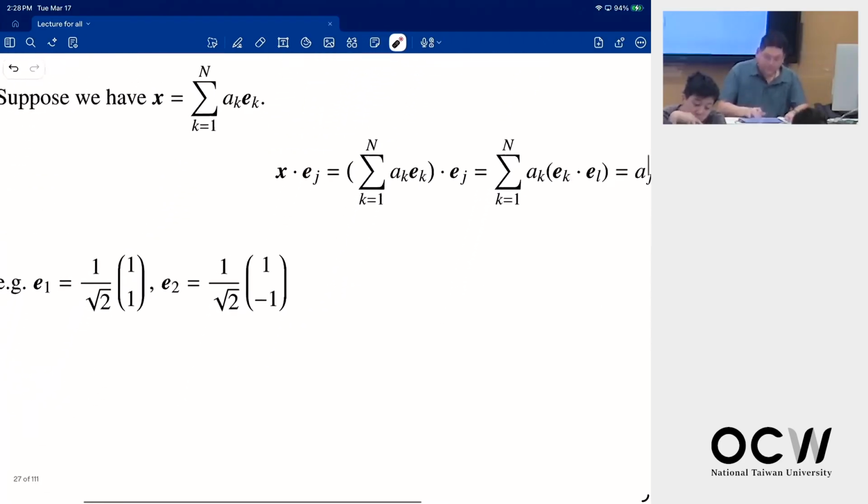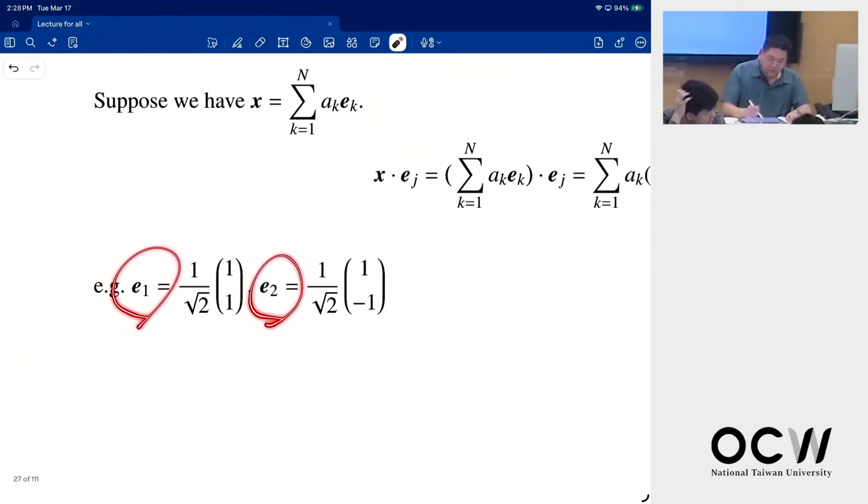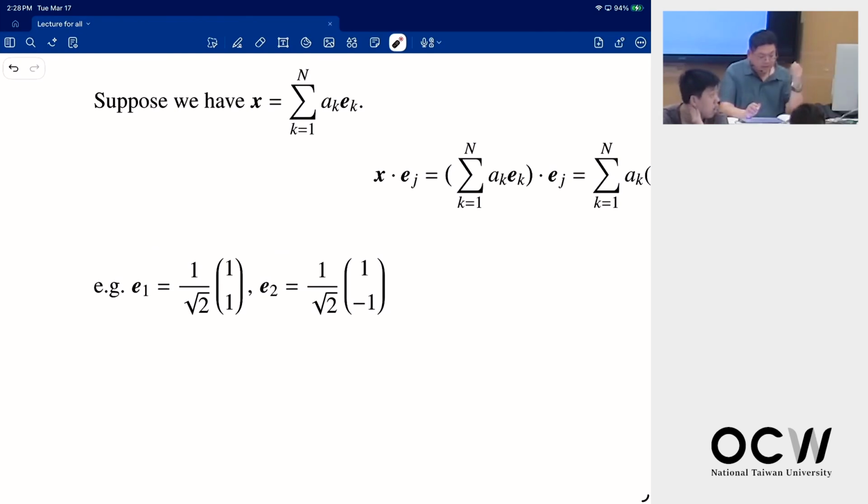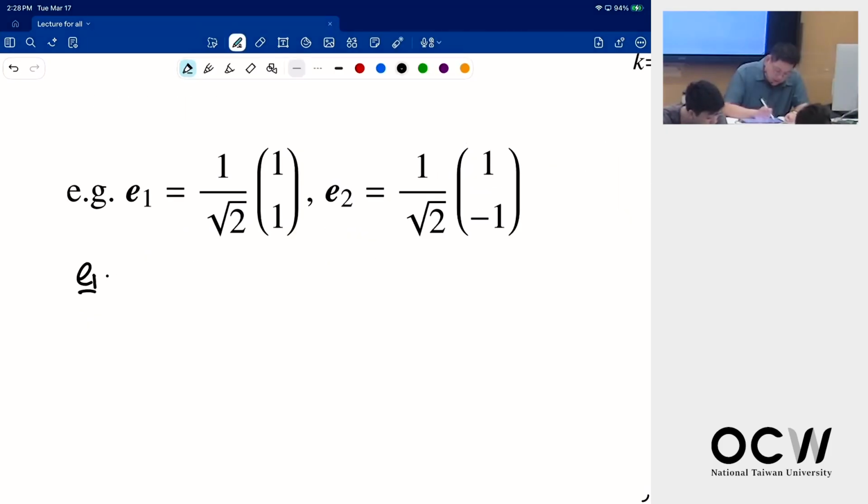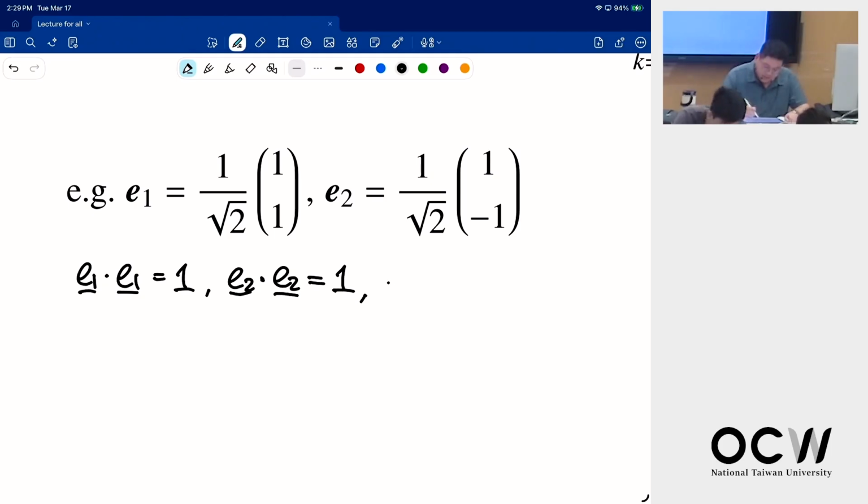Here's the example. First you need to check if these bases are orthonormal or not. You can check that this is orthonormal because E1 inner product E1 itself is 1, and also E2 inner product E2 is 1. But the inner product of E1 and E2 is 0. So they are orthonormal.